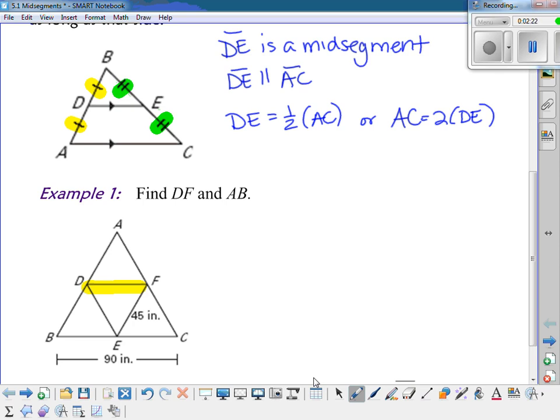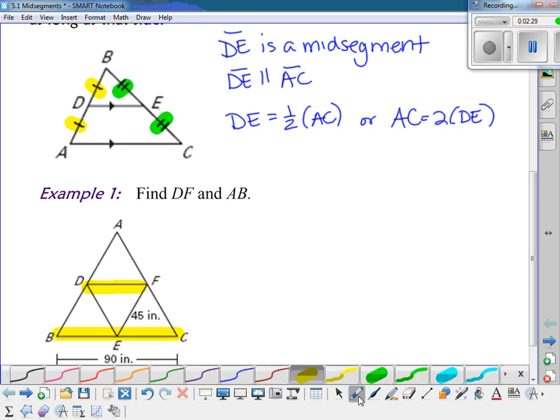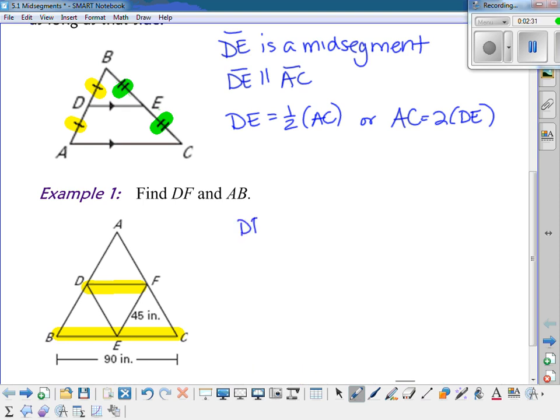So DF is going to be parallel to BC and half as long as BC. So DF is going to equal half of BC. And since BC is 90, I know that DF has to be half of 90, so DF would equal 45 inches.